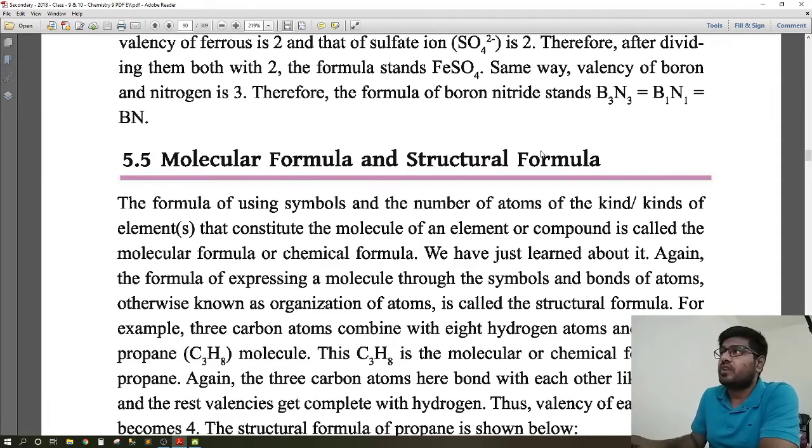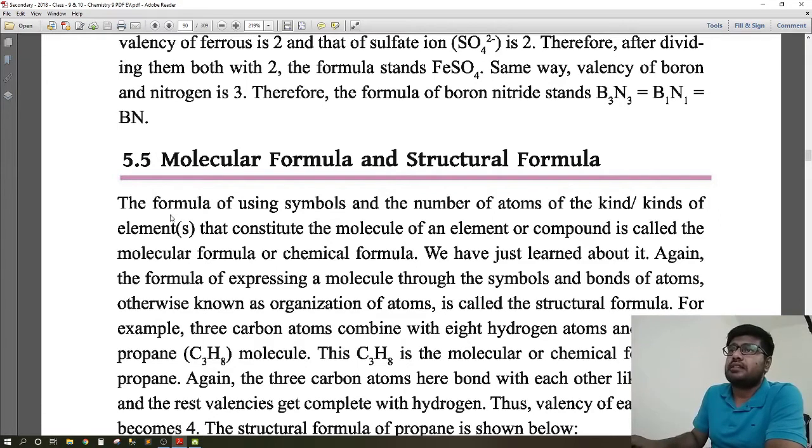And in case of structural formula, its structure is given. That means in structural formula, the valency of every element is given, and by knowing structural formula we can understand its structure, its bonding.